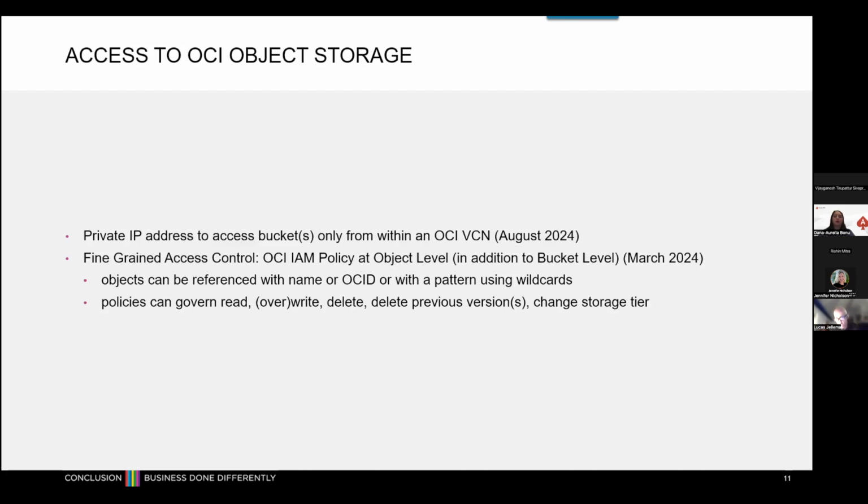Well, you can see it on the screen, and you can grant these policies to specific users. So down to the object level itself and specific permissions regarding the object level, you can define these permissions.